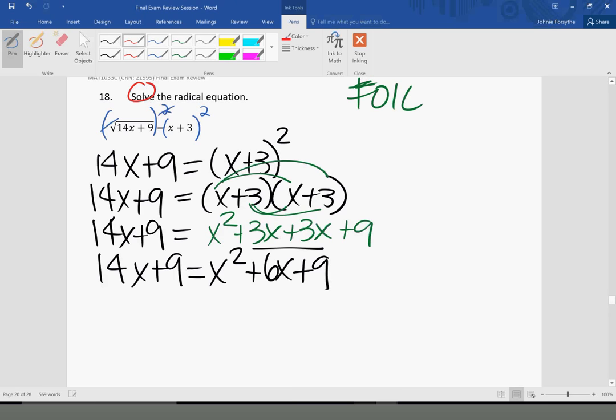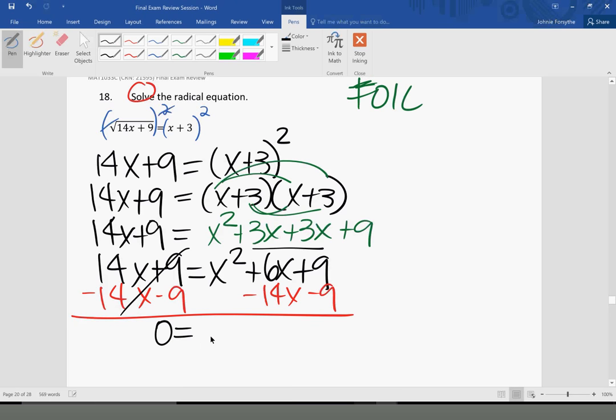And we're solving this, so we need to set this equal to 0 to start solving. So let's move the 14x and the 9, and we must set it equal to 0.